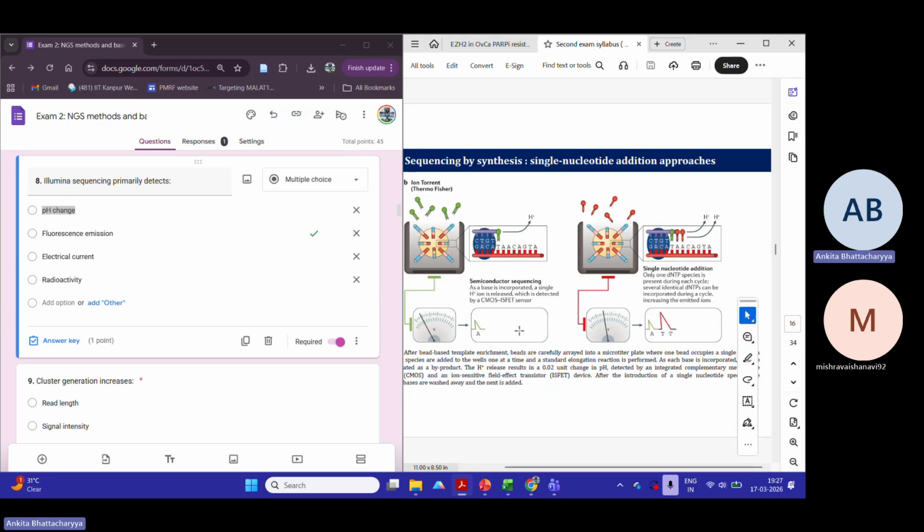They actually monitor the change in H plus ion release, and that is what is monitored. Radioactivity is not the correct option. Electrical current again is not the option here. So the correct option in our case for Illumina sequencing is going to be fluorescence emission by the fluorochrome, which has been tagged to your nucleotide base of interest or dNTP of interest.